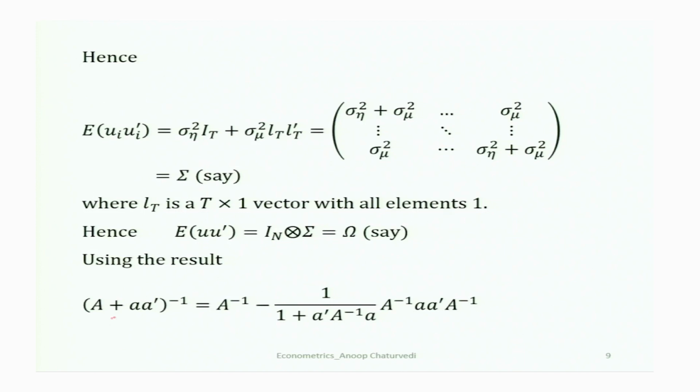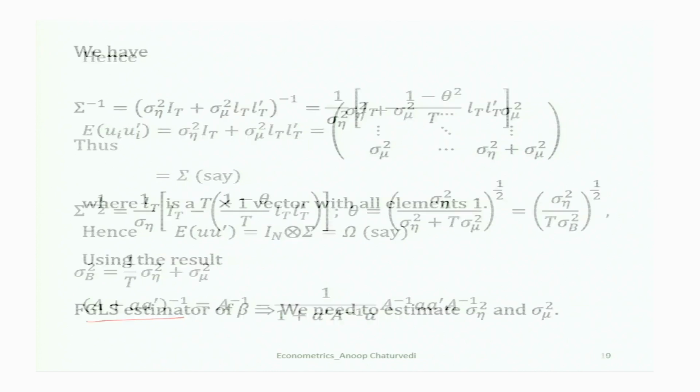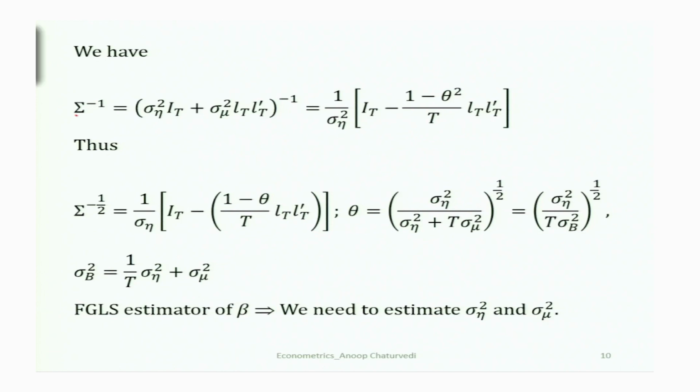Again, if we make use of this result, say (A plus a a transpose) inverse is equal to A inverse minus 1 upon 1 plus a transpose A inverse a, then you have A inverse a a transpose A inverse. So, we make use of this result, and then we obtain the inverse of sigma.